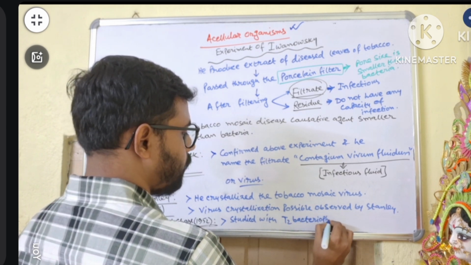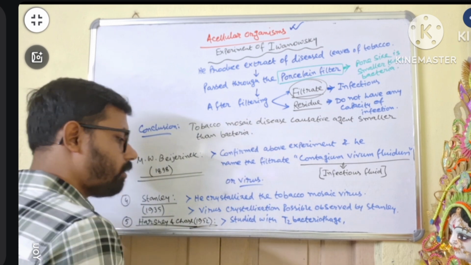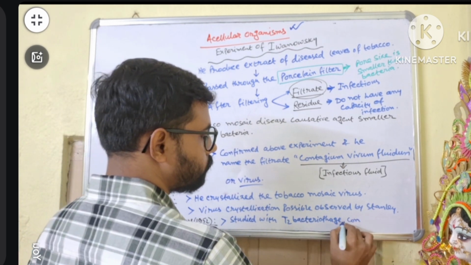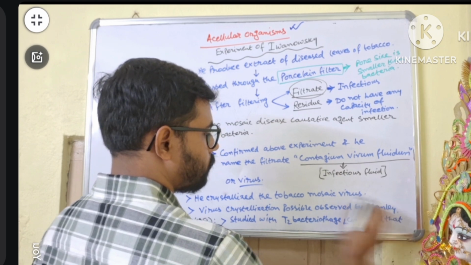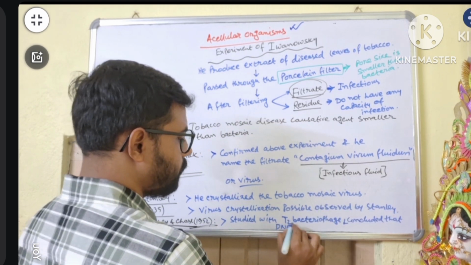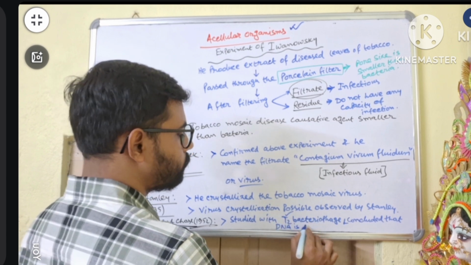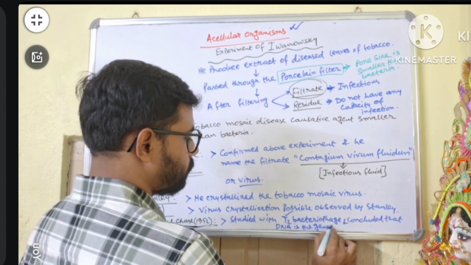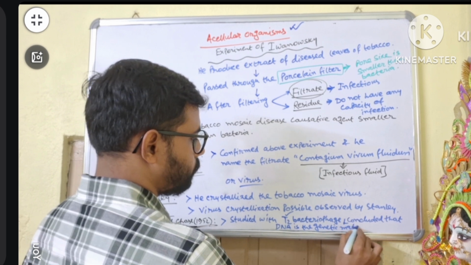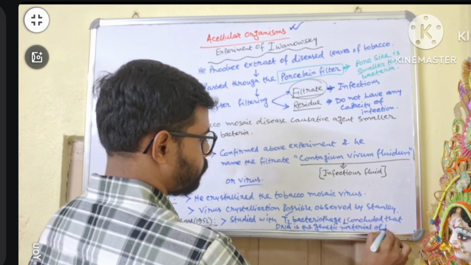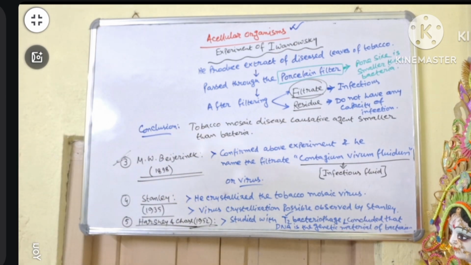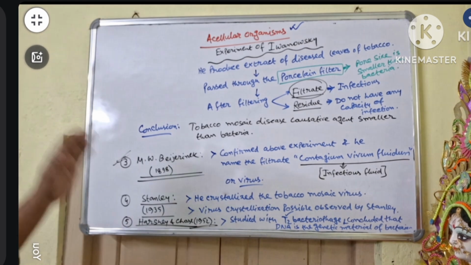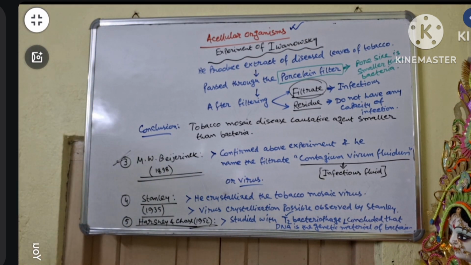After this experiment, they concluded that DNA is the genetic material of bacteriophage T2. So now name some notable contributions of virus discovery history scientists.